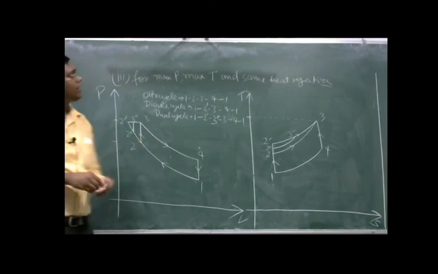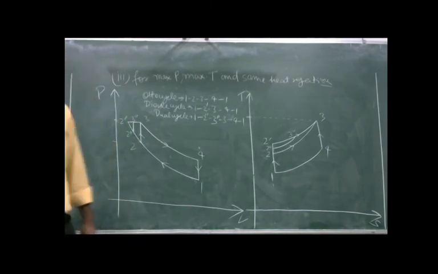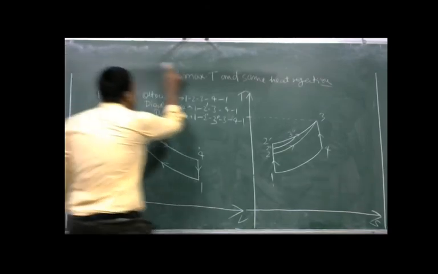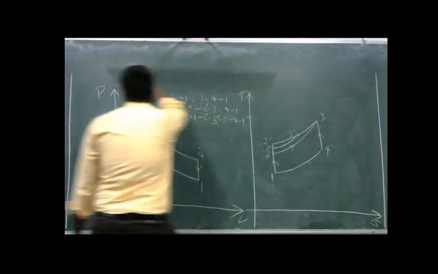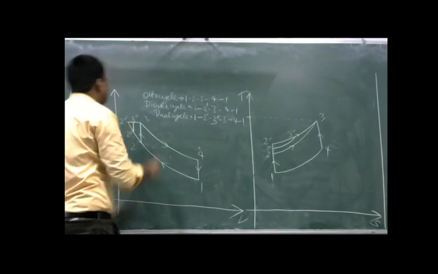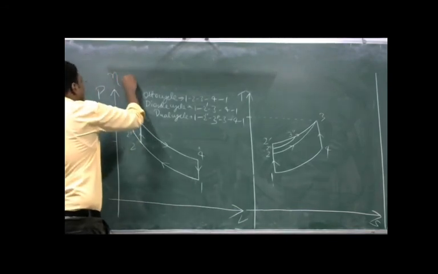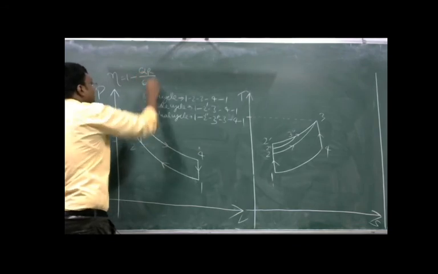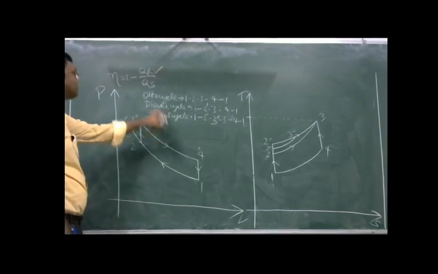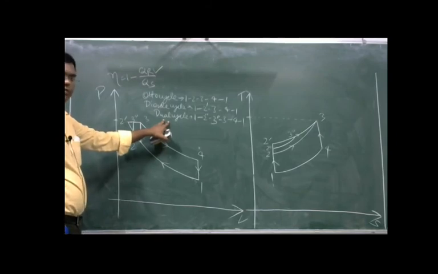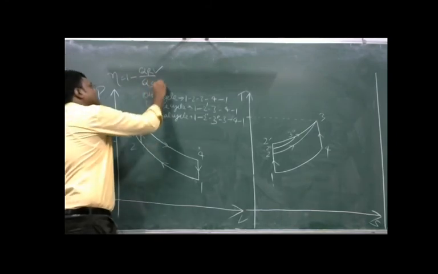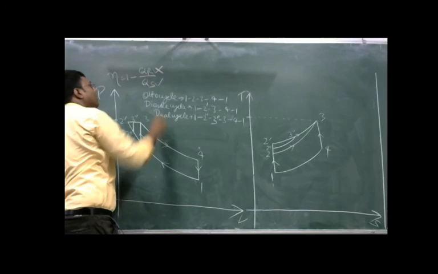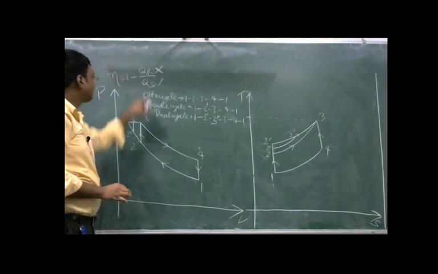Now again in this case, we know the efficiency eta is equal to 1 minus QR by QS. Again QR is the same for all three cycles, so we only have to consider QS, the heat addition.